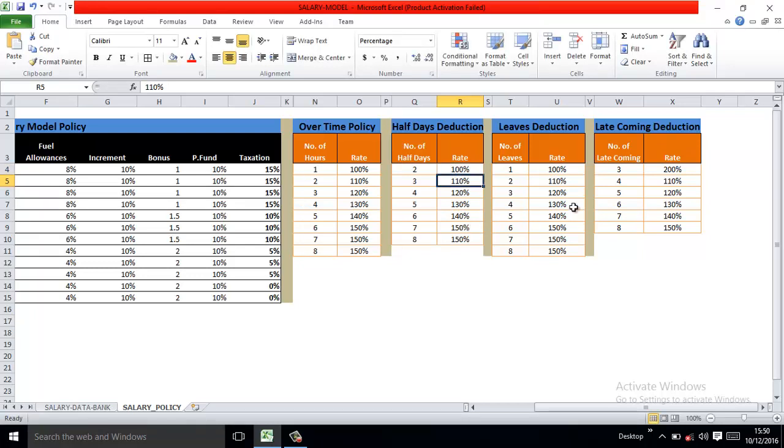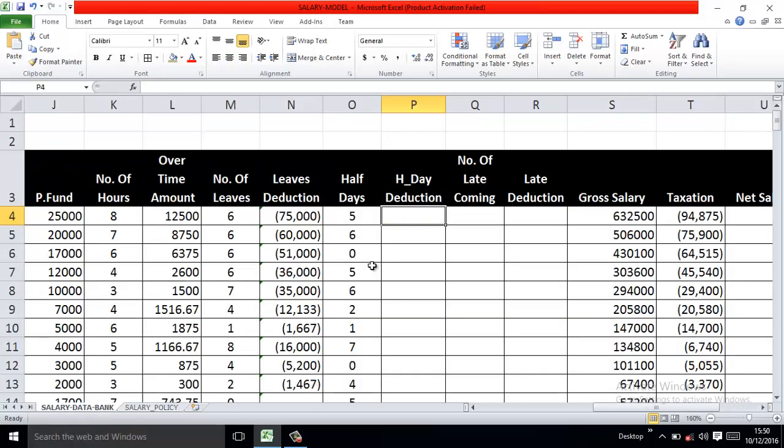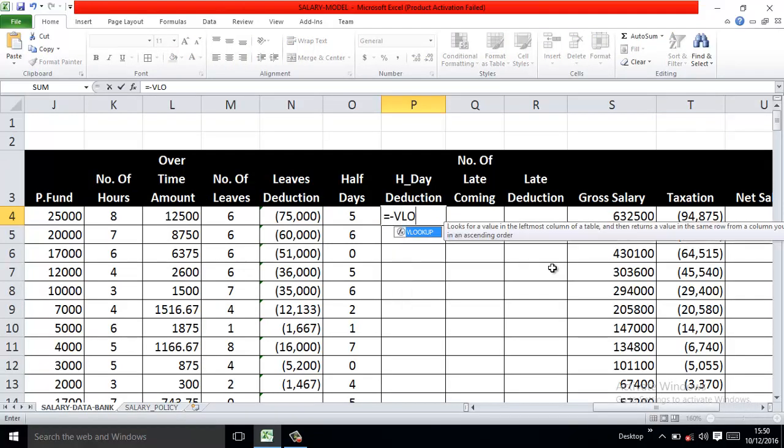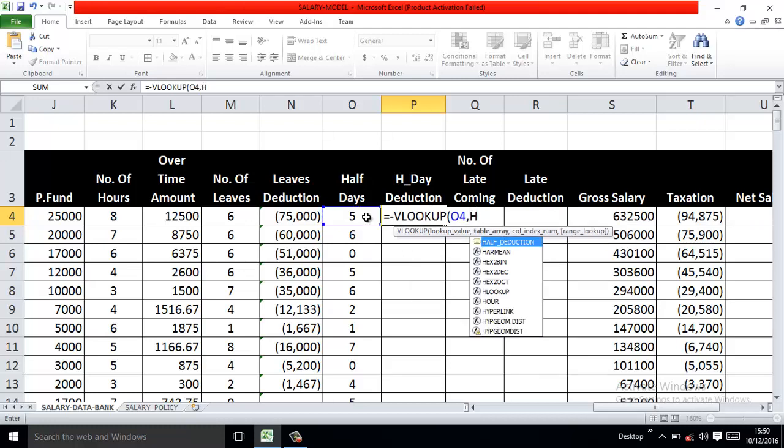But if a person has 2 half days, so 1 day salary deduction, if 3, 10% additional, and 120% additional and so on. So we apply a formula, that's we look up again this number of half days in the table array with the name half day deductions.